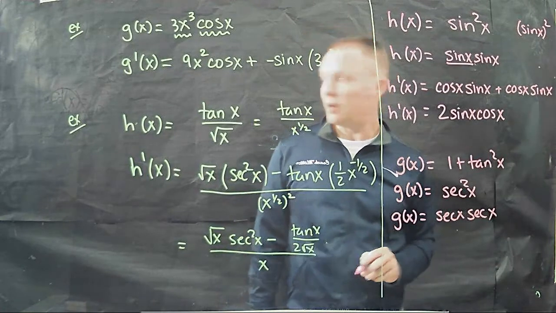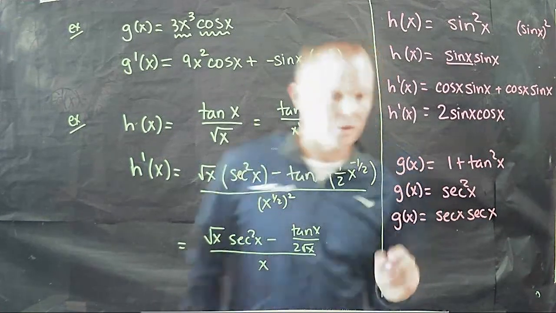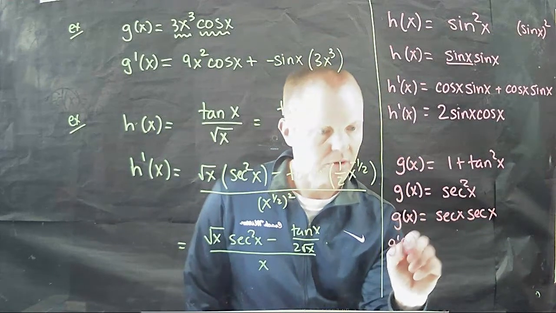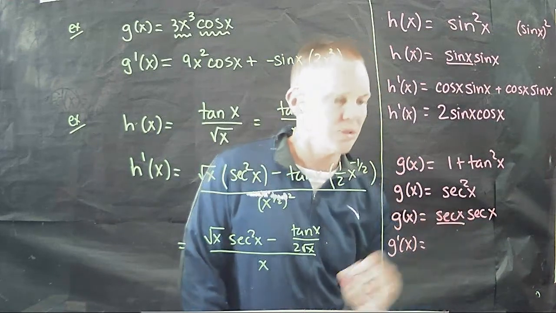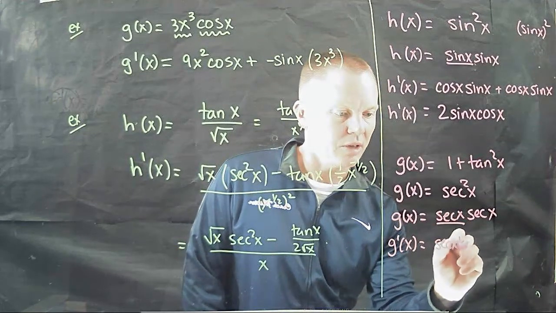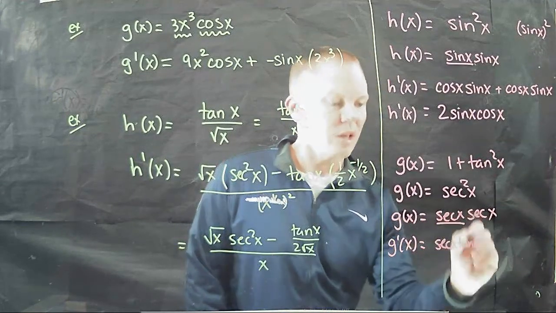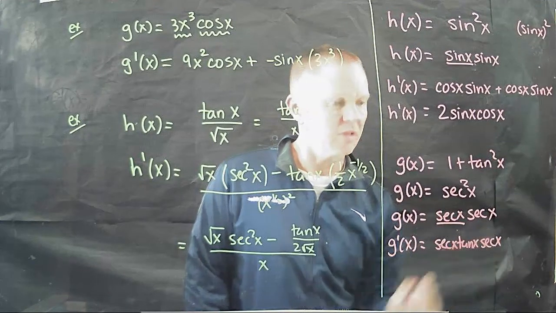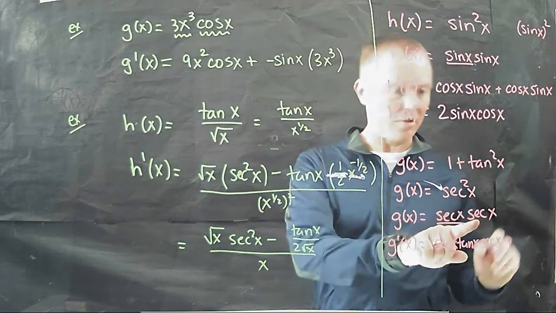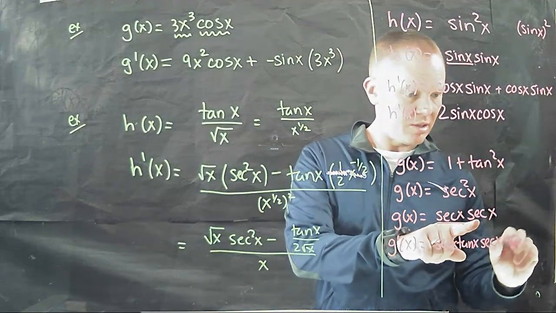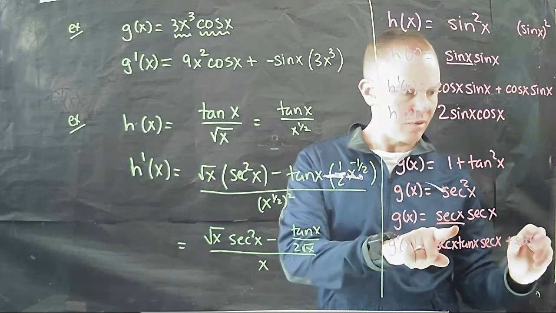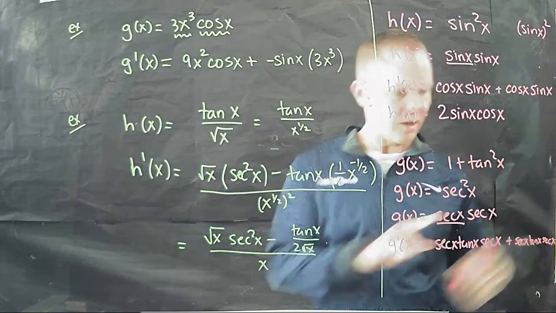All right. I hope we don't run out of room here. So we're going to use the product rule again to find this derivative. The derivative of the first. The derivative of secant is secant of x tangent of x times the second, secant of x, plus the derivative of the second. The derivative of secant of x is secant of x tangent of x times the first, secant of x.